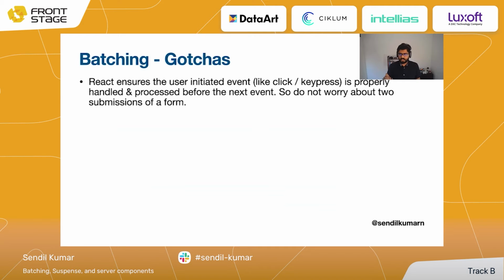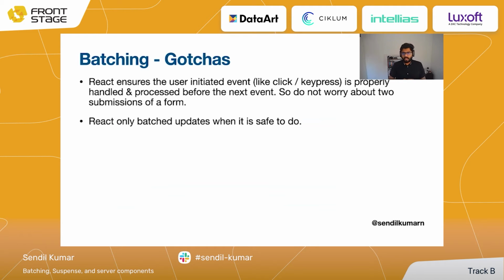You press two clicks on the submit button, and sometimes the form gets saved twice. React removes that problem by itself, so you need not worry about it. It will process the first event and then only process the second event. It will not batch those two events.